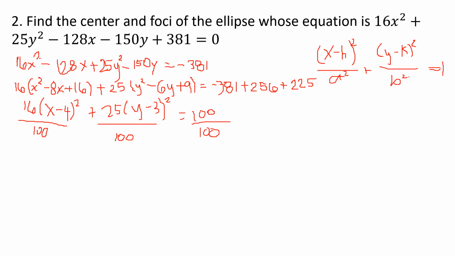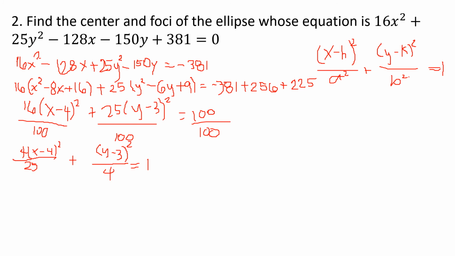So 16 over 100 is 4 over 25, and then you copy x minus 4 squared, plus 25 divided by 100, that is 1/4. So we have y minus 3 squared all over 4 equals 1.